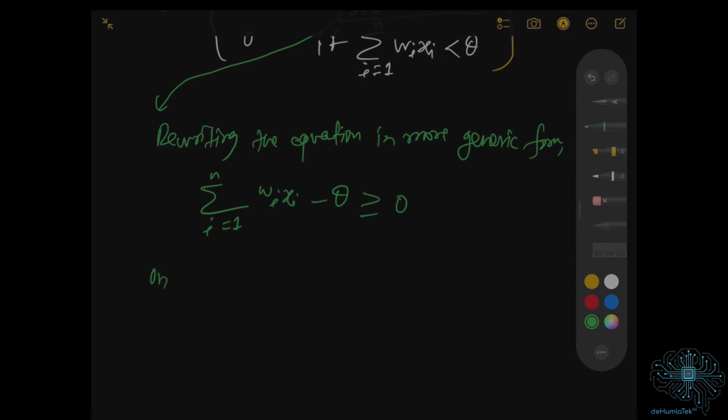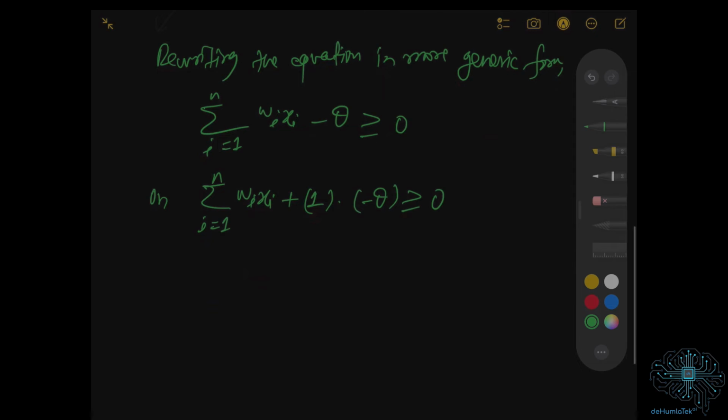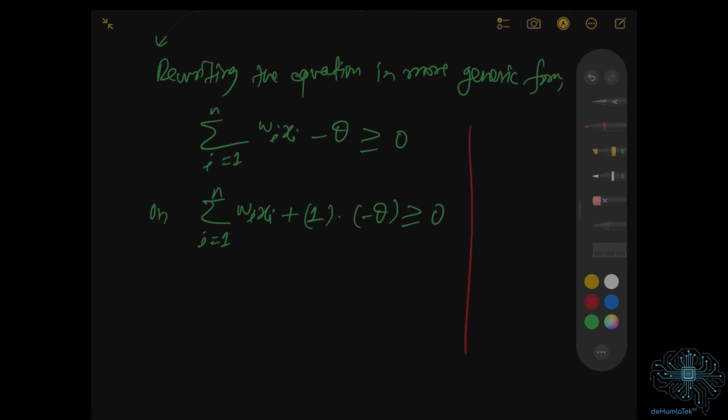We can multiply theta by 1, with a little change over here. Let's assume this is x naught and this is w naught.